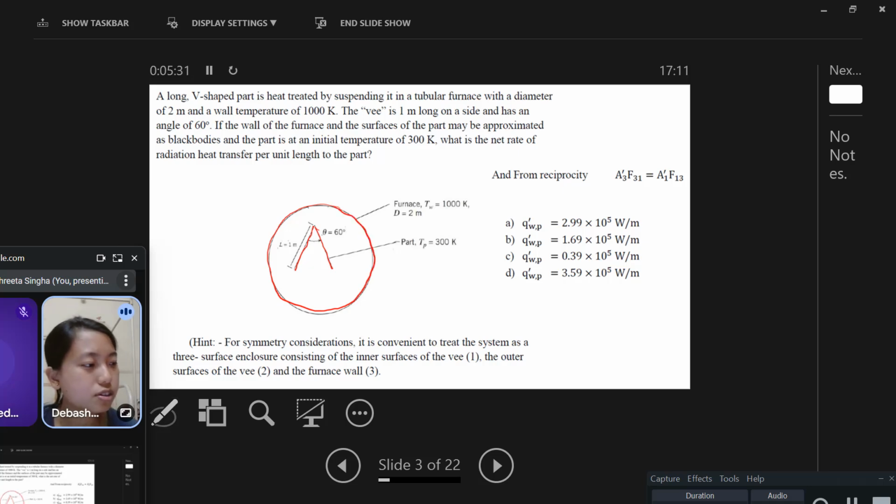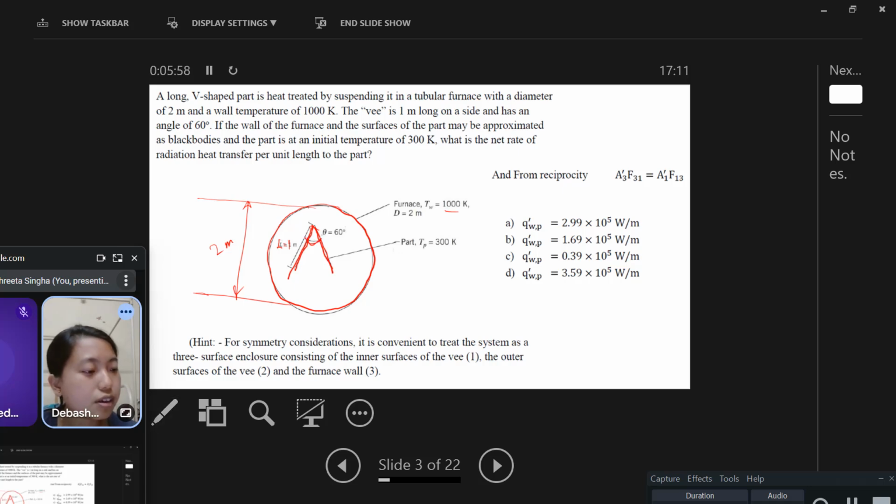The circular cross section is given, somewhat like this tube with a diameter of 2 meter. The V is 1 meter long. That means one part is 1 meter, another part is 1 meter. So L is equal to 1 meter and has an angle of 60 degree.